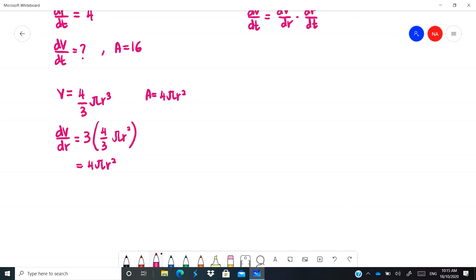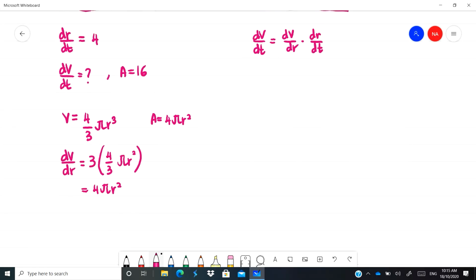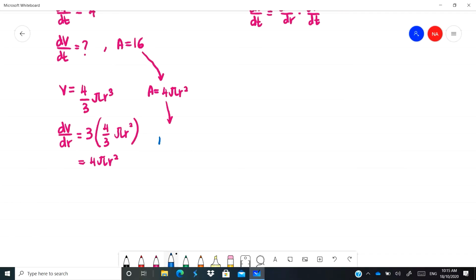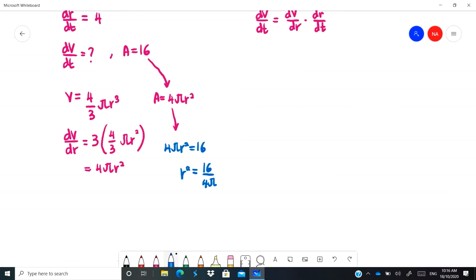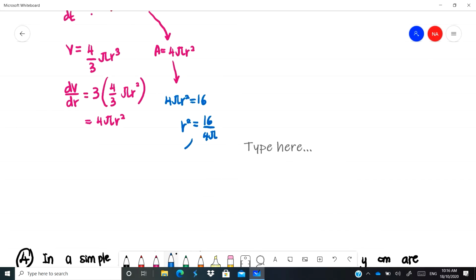So this is dv over dr. When the area is 16, we can find the value of r. So when 4 pi r squared is 16, I'll write in terms of pi, so r squared is 16 over 4 pi. Now I'm going to substitute this into the formula, because we want to find dv over dr when r squared is equal to 16 over 4 pi.